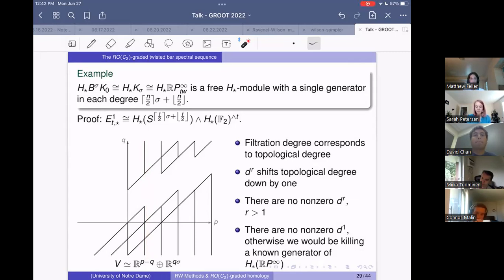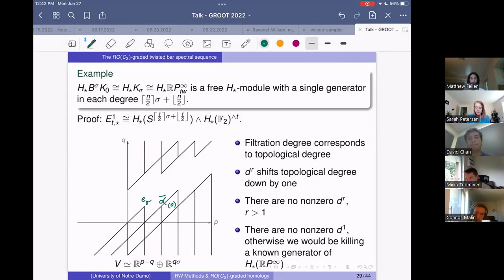So in fact, this spectral sequence collapses, and we arrive at this picture of the homology. So we have a generator in degree sigma, which I'll call E sigma, and then I'll call this generator in degree rho alpha parentheses 0.